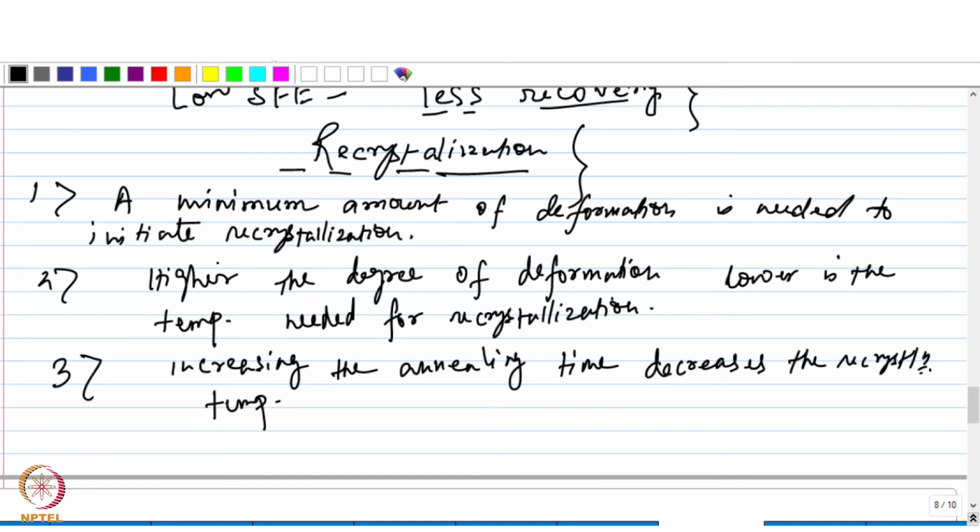Okay, so that's the time temperature relationship for this particular phenomena.